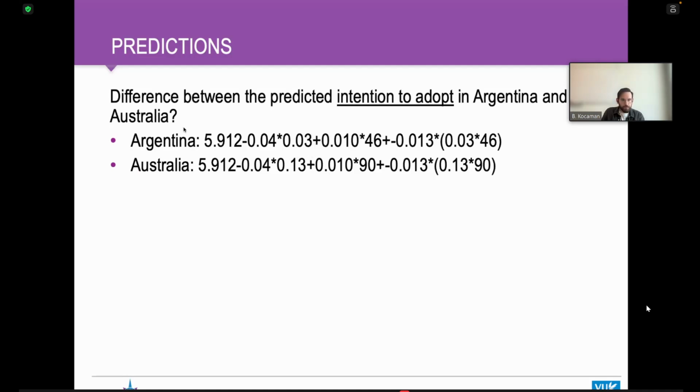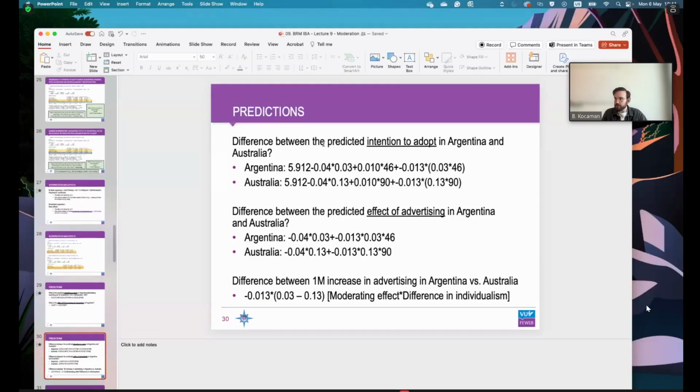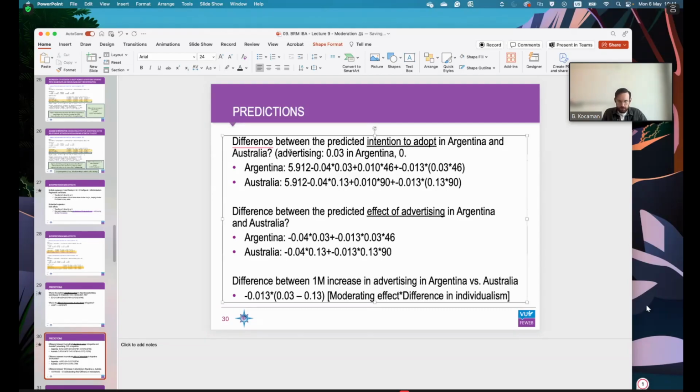Okay, yeah, I'm so sorry. Again, in this case, I should have been clearer, even I confused myself. So advertising in one of the countries is 0.03 in Argentina, okay, and 0.013 in Australia.